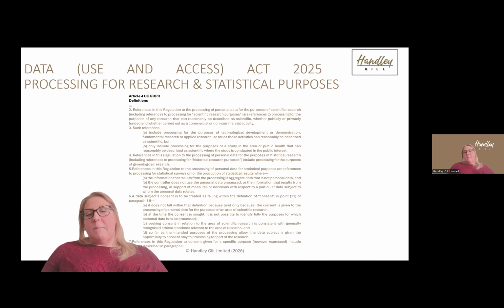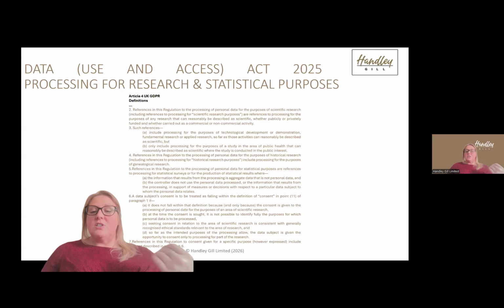And then you've got an exemption to how consent applies, now in Article 4.6 or 4.2.6, that data consent is to be treated as falling within the definition of consent when you're processing for RAS purposes, even if essentially they haven't had all the information about how data will be used at the outset.